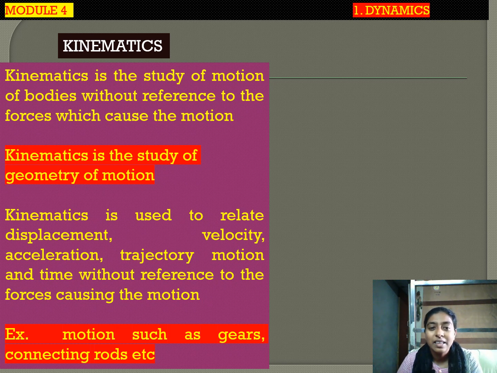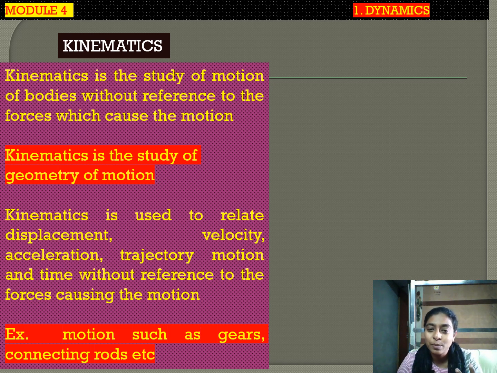So these are called the geometry of the motion. These are the things required to define the motion of a body. So kinematics is used to relate the displacement, velocity, acceleration, trajectory motion and time without reference to the forces causing the motion. So we relate these things.